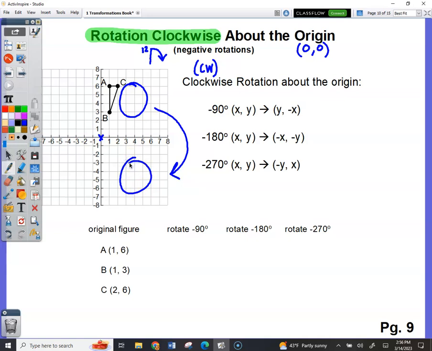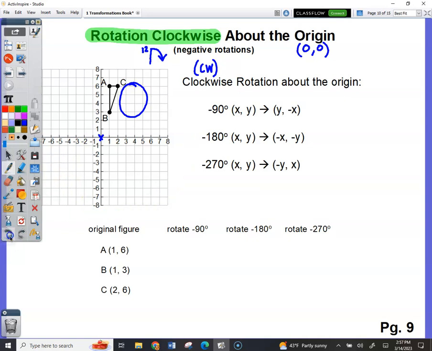Does that make sense? What if I said I was from here, quadrant 1, rotating 90 or 180? So does direction matter? No. So this would be 90, and this would be 180. So notice it's directly behind it.